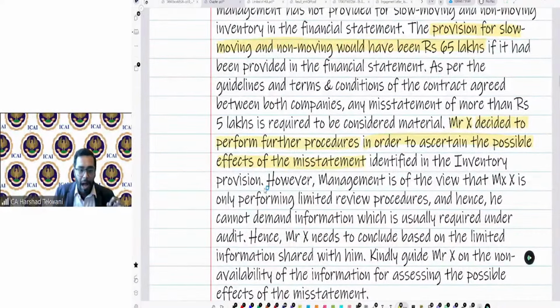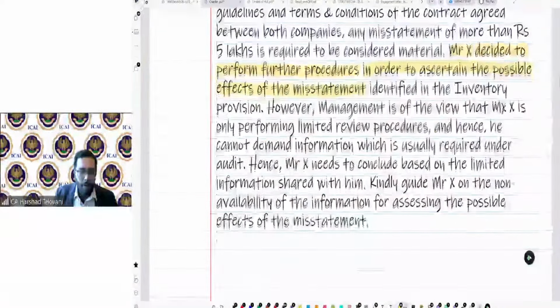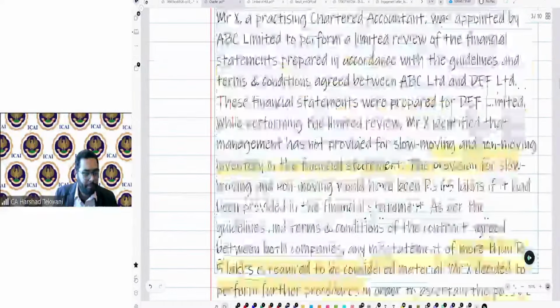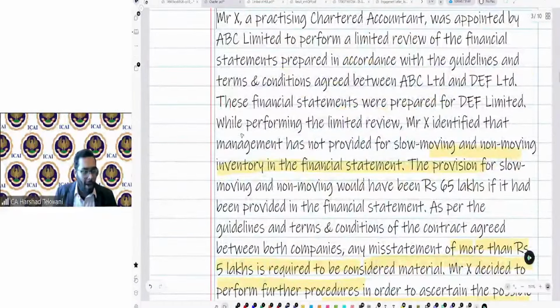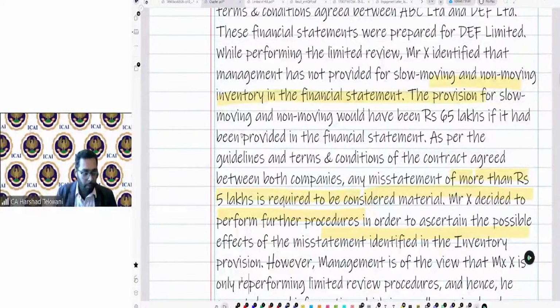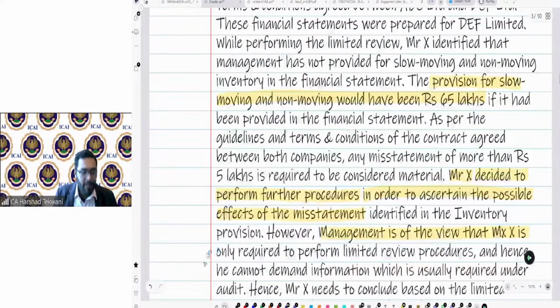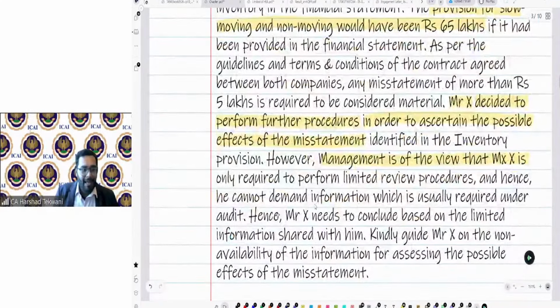However, management is of the view that Mr. X is only required to perform limited review procedures, and hence he cannot demand information which is usually required under audit.